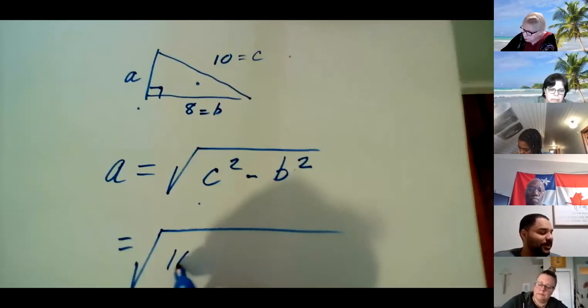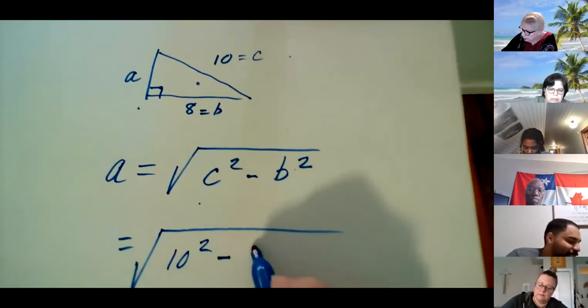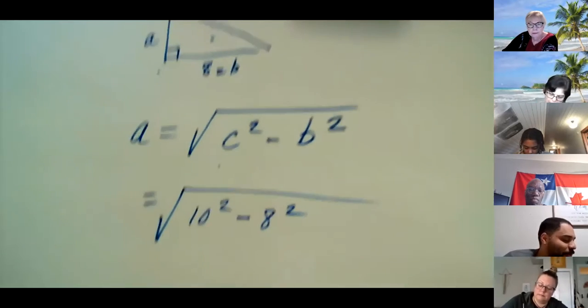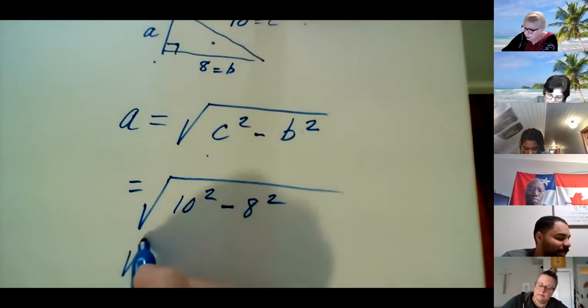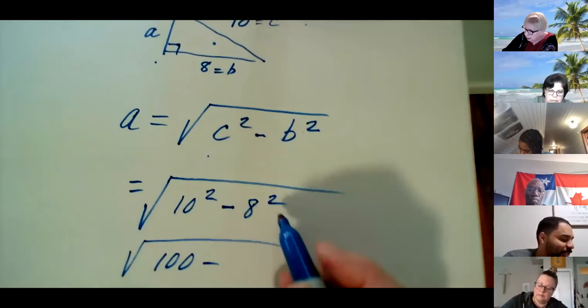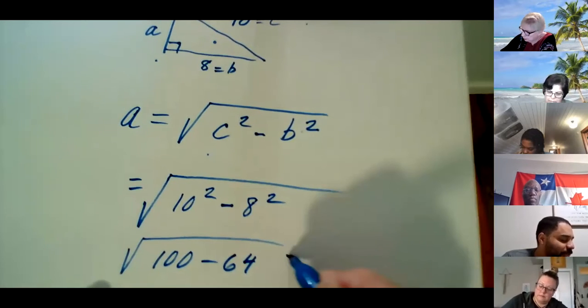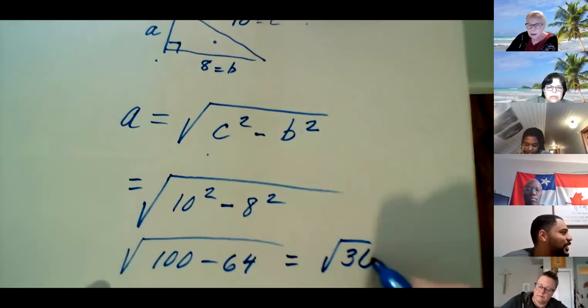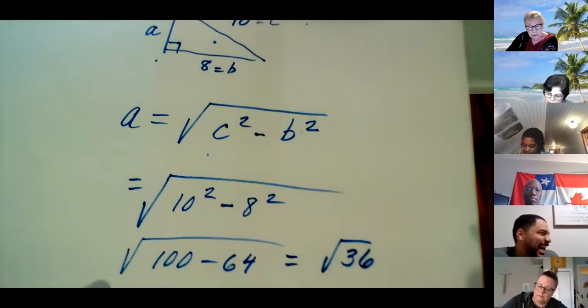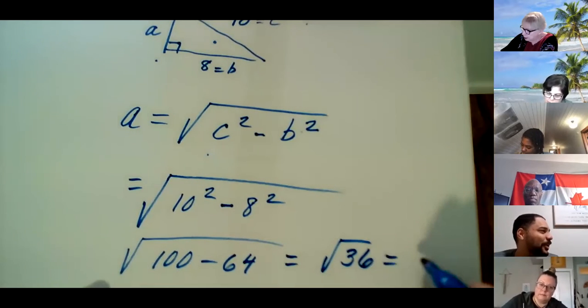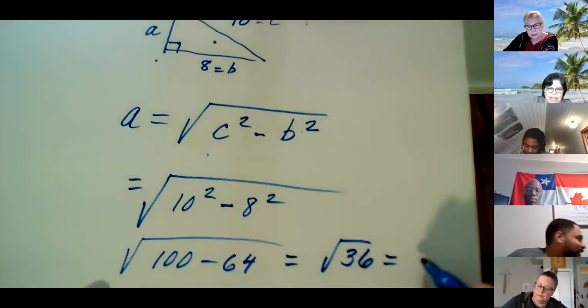So this would be 10 squared minus 8 squared. 10 squared is 100. 8 squared is 64. 100 take away 64 is 36. The square root of 36 is 6.